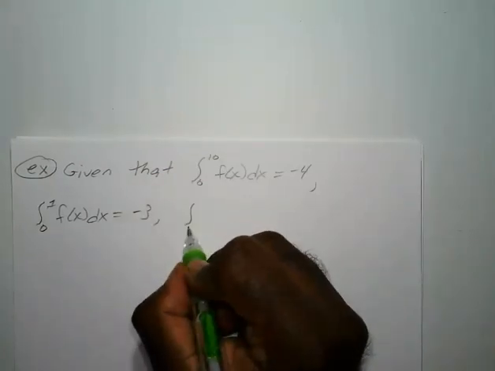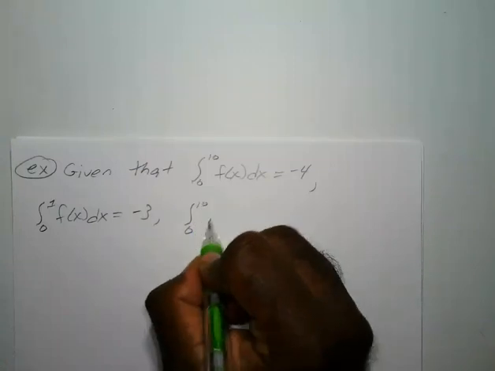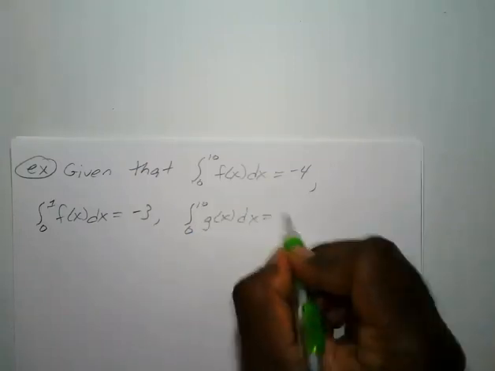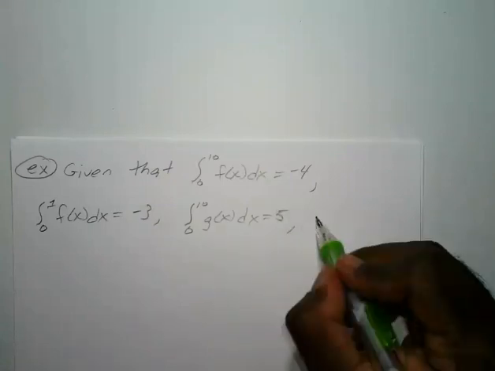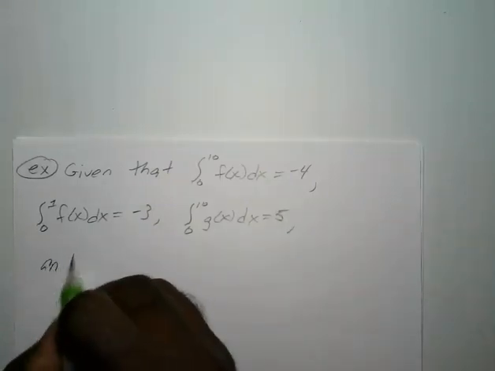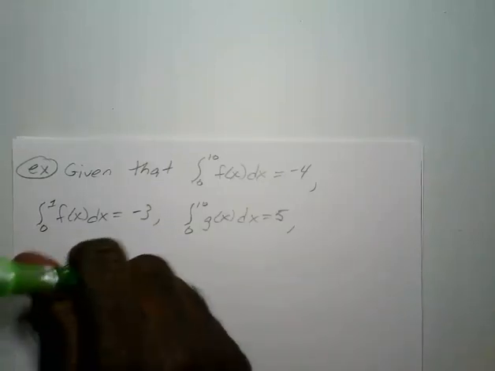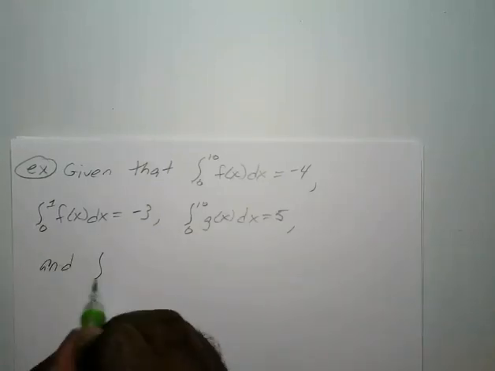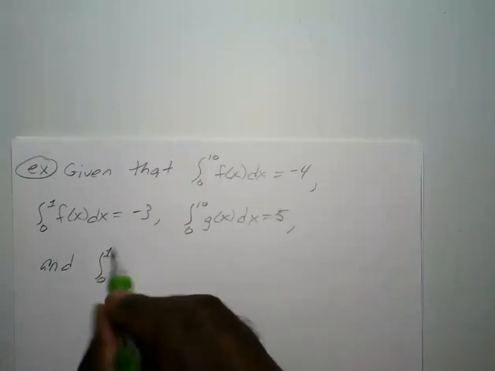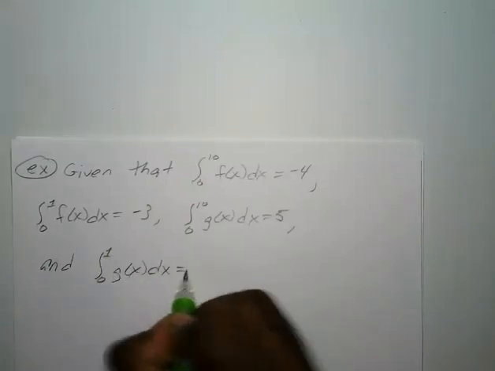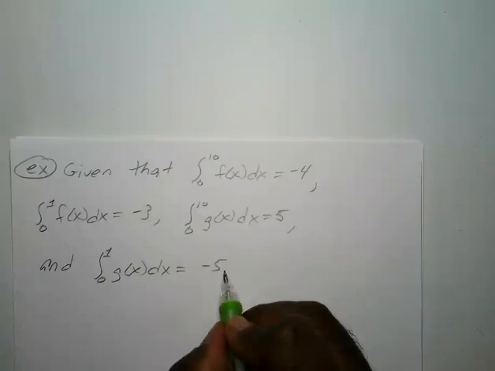The integral from 0 to 10 of g of x with respect to x is equal to 5. And the integral from 0 to 1 of g of x with respect to x is equal to negative 5.